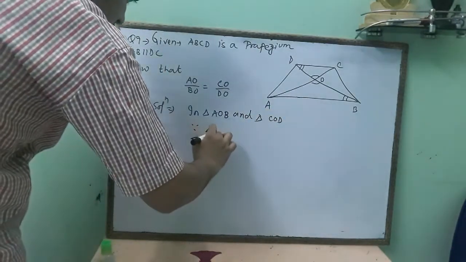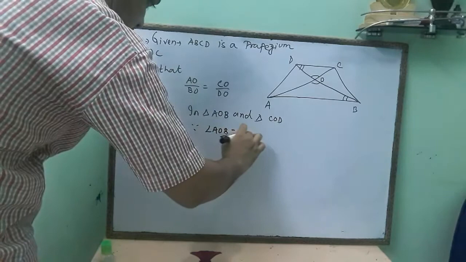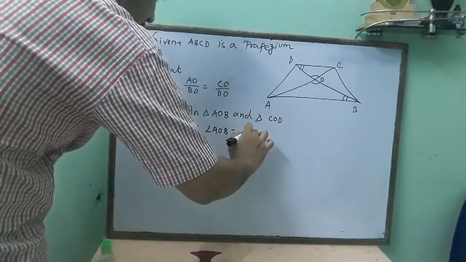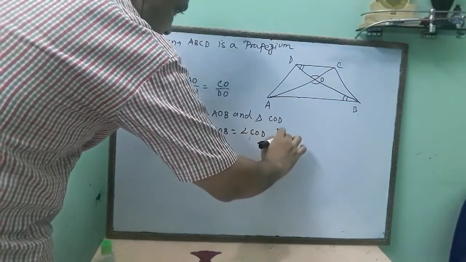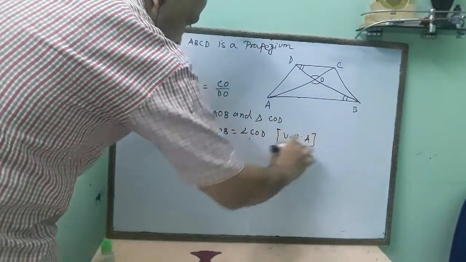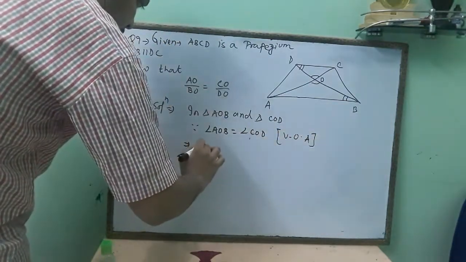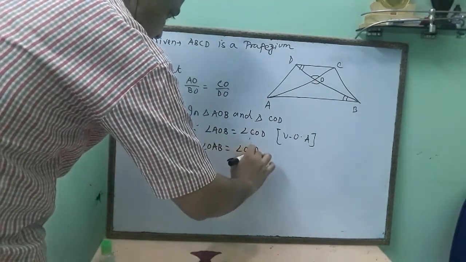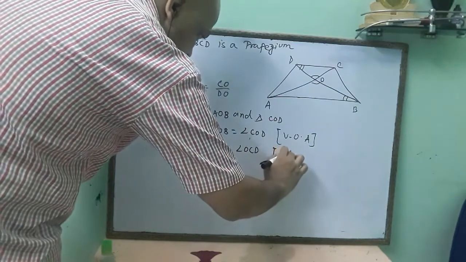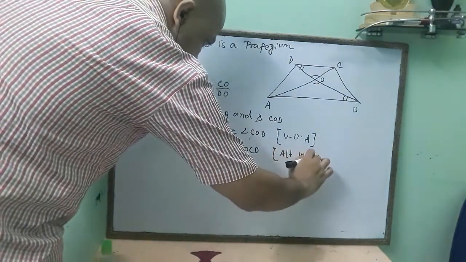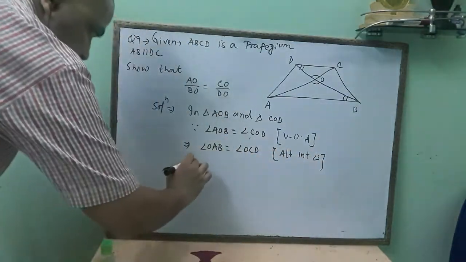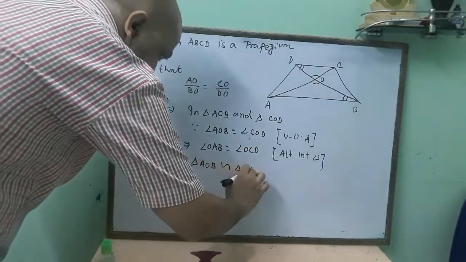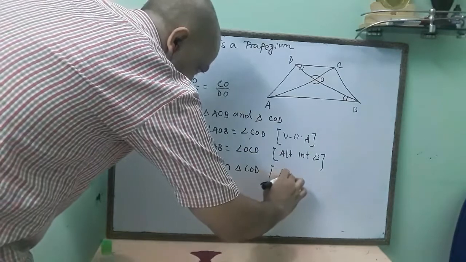Since angle AOB is equal to angle COD, that is the vertically opposite angle, and angle OAB is equal to angle OCD, alternate interior angles. So by two angles we can say that triangle AOB is similar to triangle COD by the AA criterion.